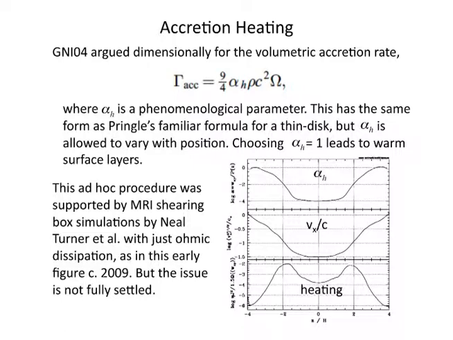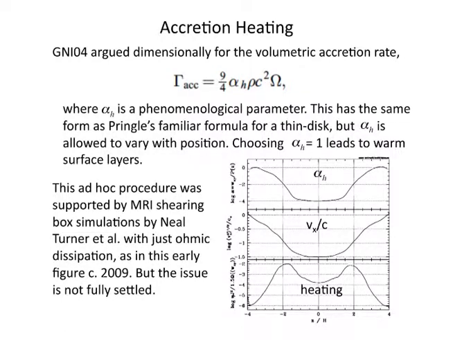And so rather than using the average alpha that people say is appropriate for two-dimensional disks, whatever, 0.01 or larger, we say alpha can be almost anything up to order unity. And in fact, order unity works very well and gets us the models I've described.